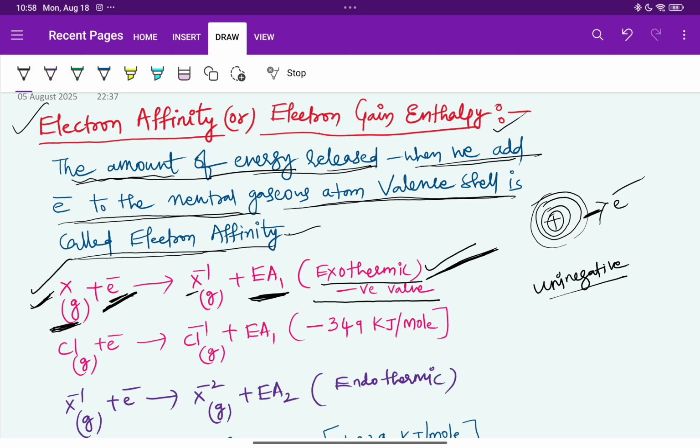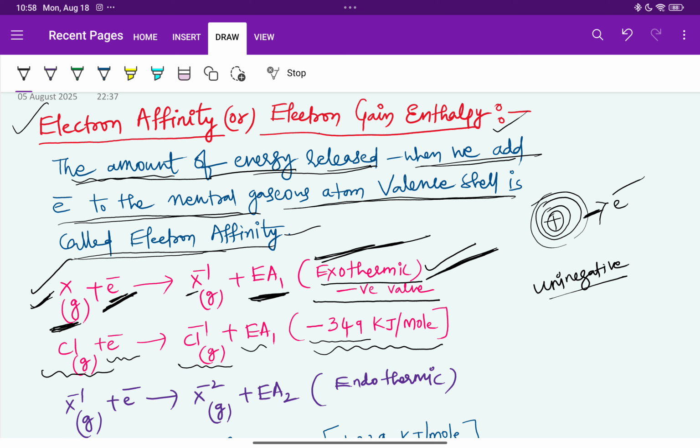For example, I am taking chlorine and adding an electron; the chlorine becomes Cl minus 1, chloride, and the energy released is minus 349 kilojoule per mole. That is why electron affinity values come out negative, and since energy is released outside, it is an exothermic reaction.